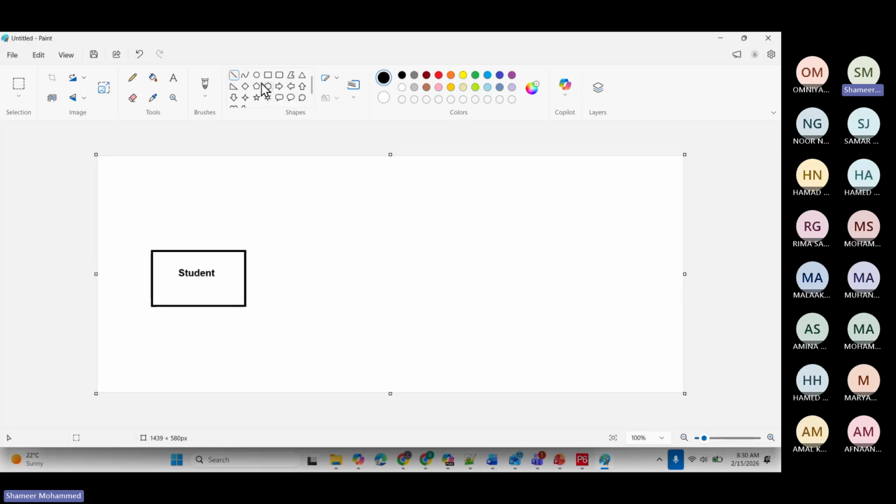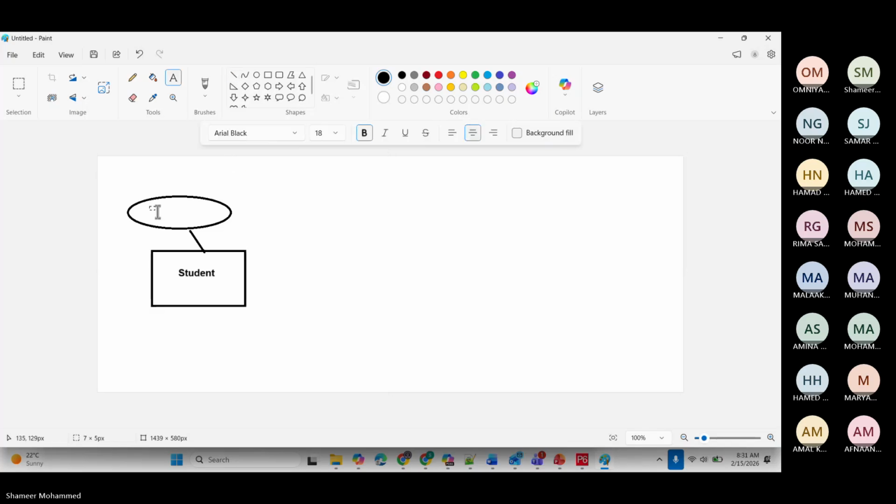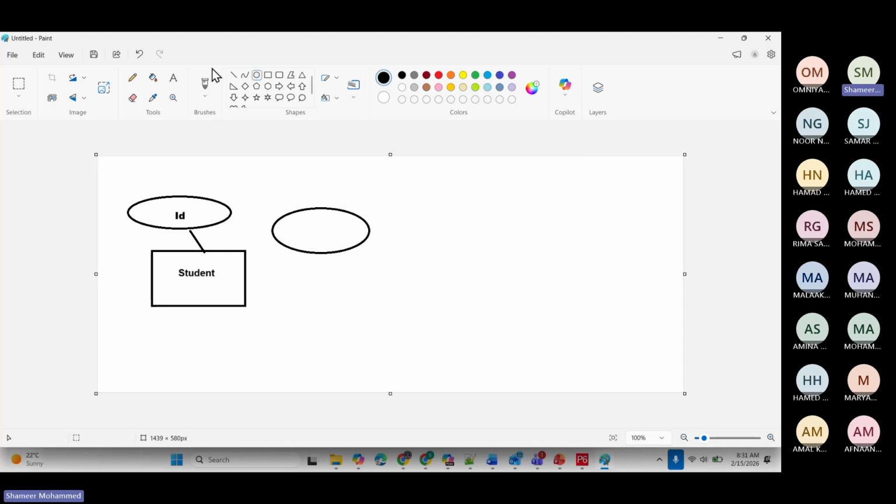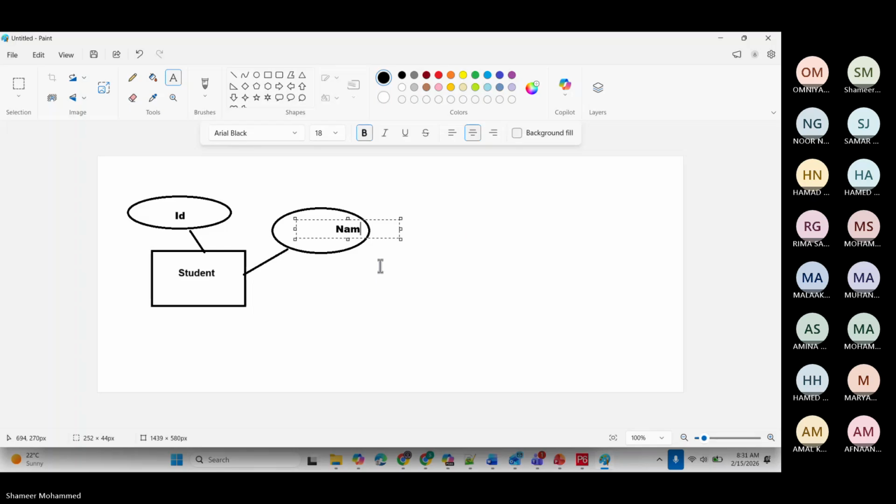Every entity. Okay, now what is this one? ID of the student. What is this one? Name of the student. Okay, like this, you have many attributes.